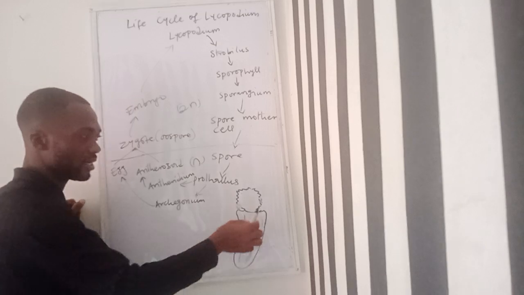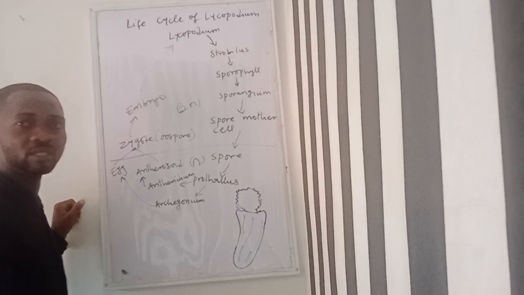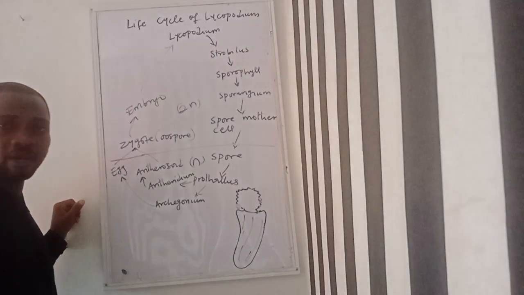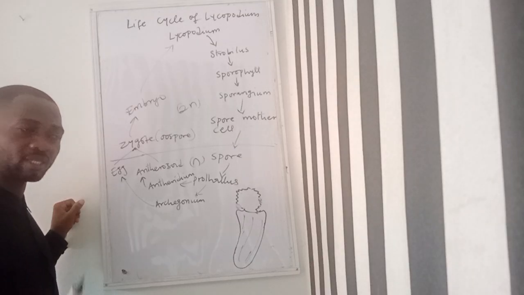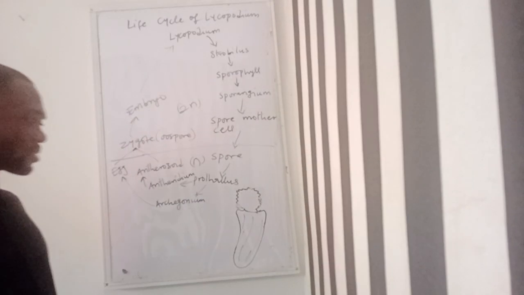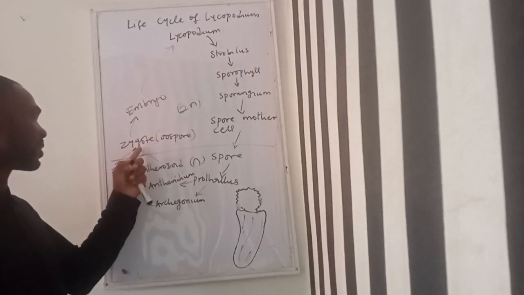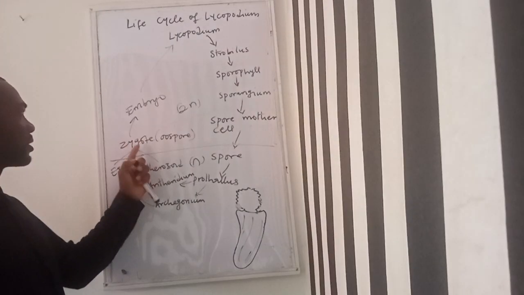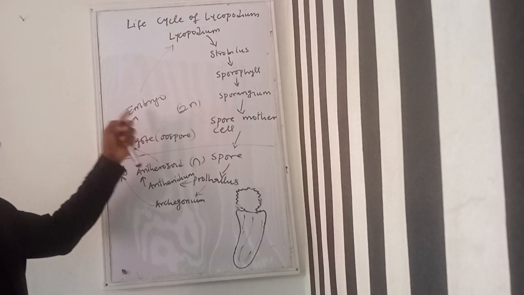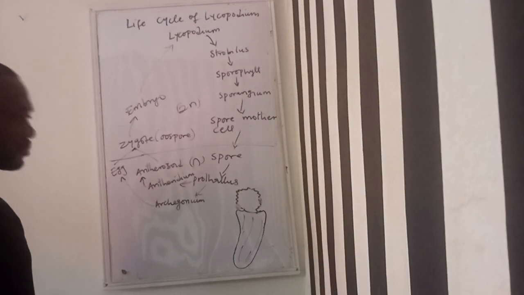And the antherozoids are released from the antheridium. And once they're released from the antheridium, they locate the archegonia with the help of water and the chemical I talked about. So once they get into the archegonia and right inside the venter, that's where fertilization occurs. And once fertilization occurs, of course, it bears the zygote or oospore, and the oospore develops into an embryo into a Lycopodium plant, and the cycle continues.